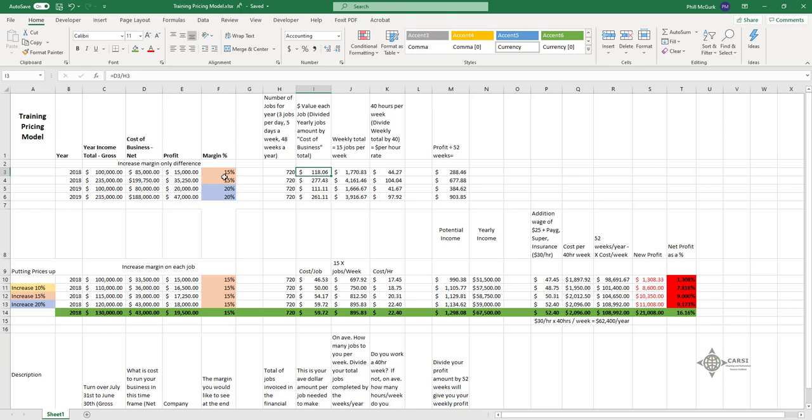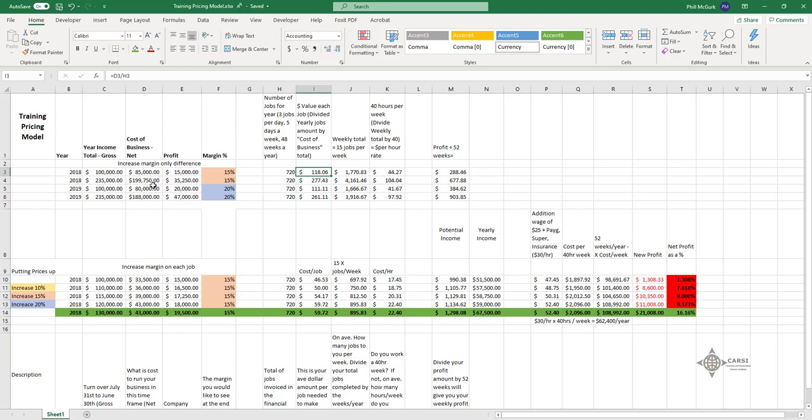We can work out, for it to cost $185,000 per year, these are our numbers on this many jobs per year. Let's throw another number out there. Say we did $235,000 that year, and operating cost us $199,750. That was wages, that was everything, all the costs involved in running the business.